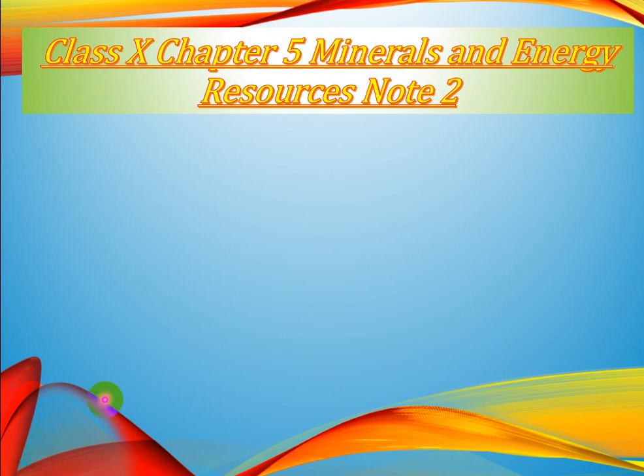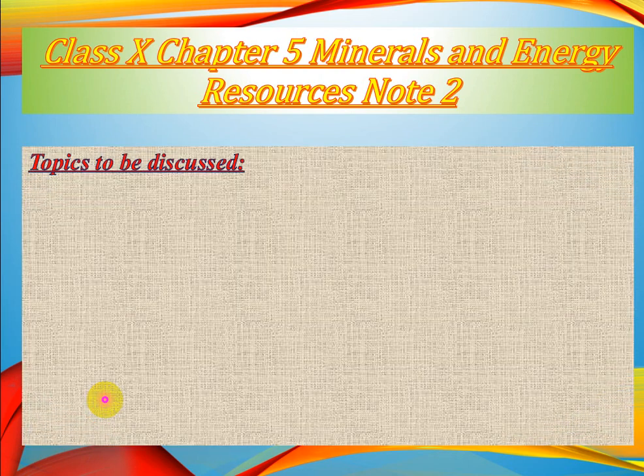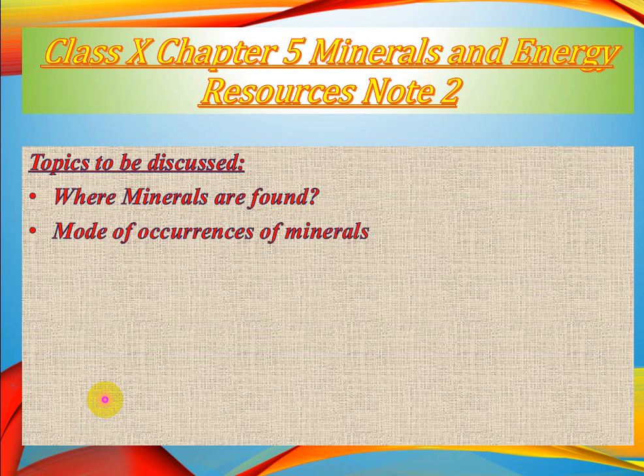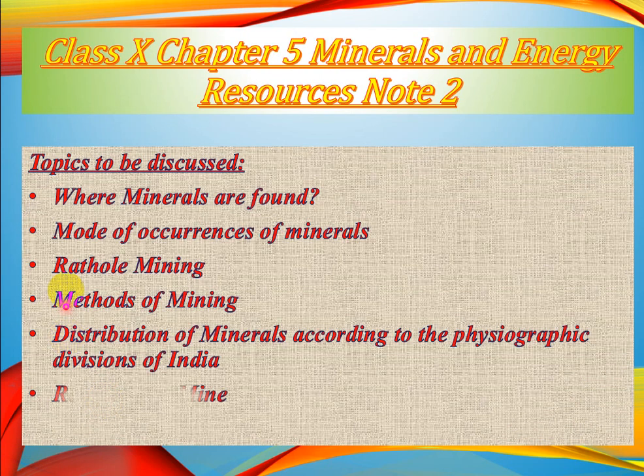Now, I have already started your chapter number 5, Minerals and Energy Resources. This is my second class of the chapter. The topics that I am going to discuss in today's class are where minerals are found, the mode of occurrence on the earth's surface.